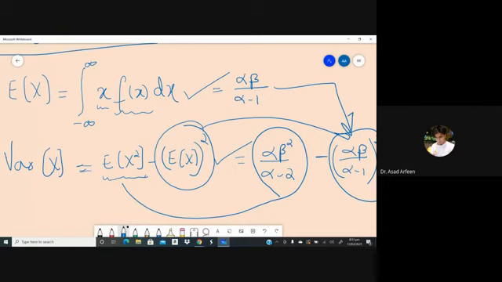Actually, till now what we have done was not a big deal. This is now a big deal: the derivation of the mean value of a Pareto distribution, and the derivation of the variance. This is the important thing which I need you to understand.